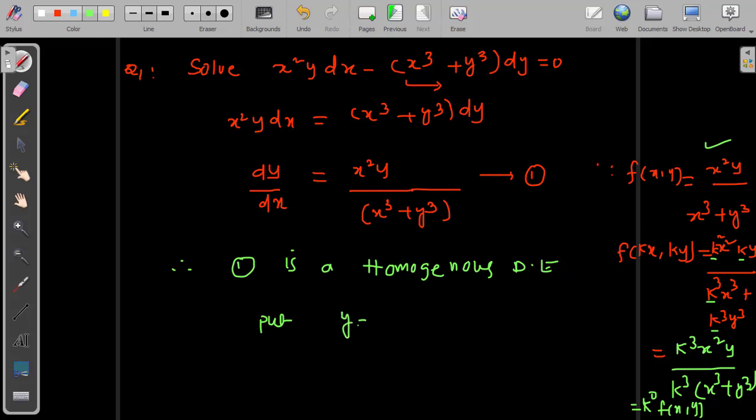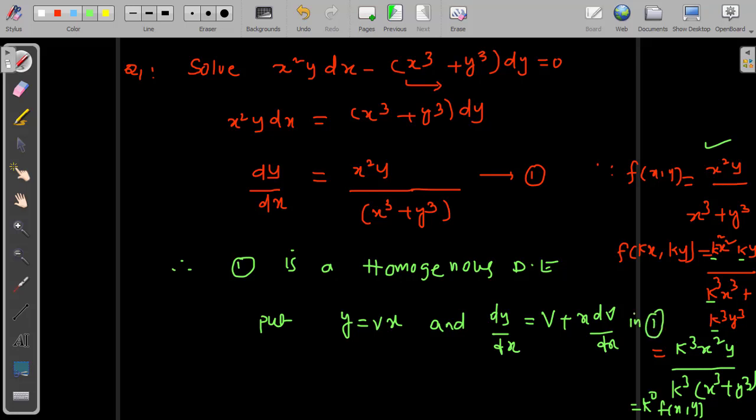Put y equal to vx, and dy by dx we get by differentiating both sides with respect to x: v plus x times dv by dx.